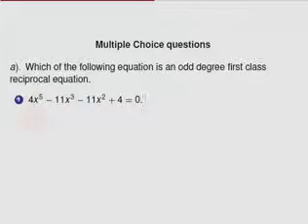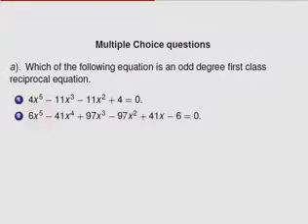So therefore this one is an odd degree first class reciprocal equation. Similarly, the next choice, 6x cube, is also an odd degree equation, but when I compare a naught and a n, a naught is equal to minus of a n. So therefore this one is not a first class odd degree reciprocal equation.